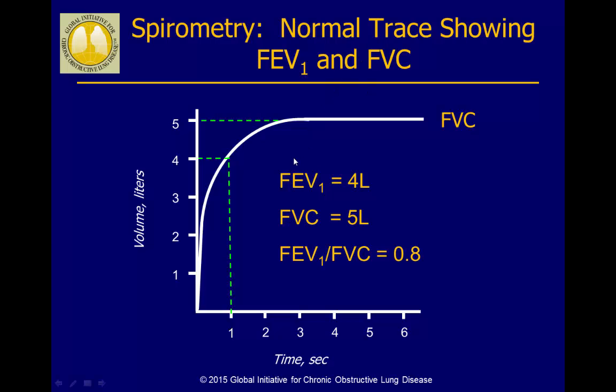This is the loop for the volumes and capacities. So normally you inspire and there is a plateau here, and then you expire. Okay, and as you expire, you actually measure your forced vital capacity.